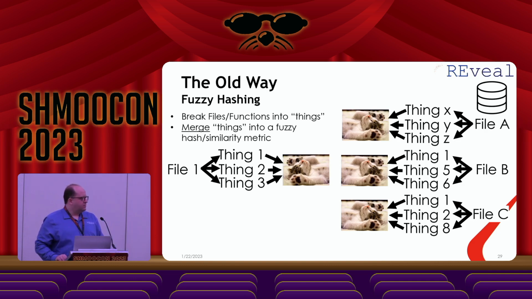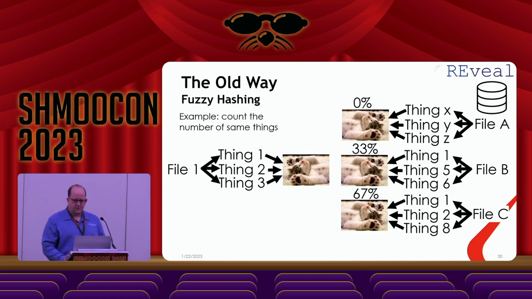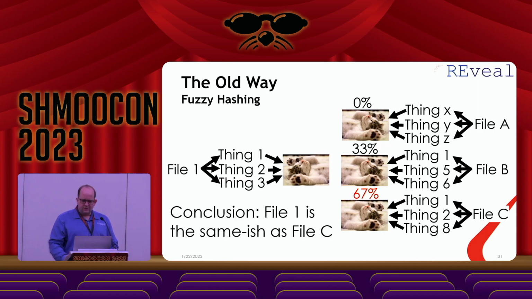But these systems will merge these things together and then come up with a similarity metric. So let's see this similarity metric. We have 0%, 33%, 67% of the things match. And then the conclusion would be file 1 is the same-ish as file C. A lot of times you'll see these similarity thresholds are really terrible because they're matching so many different things. They're mixing too many things into one bucket.